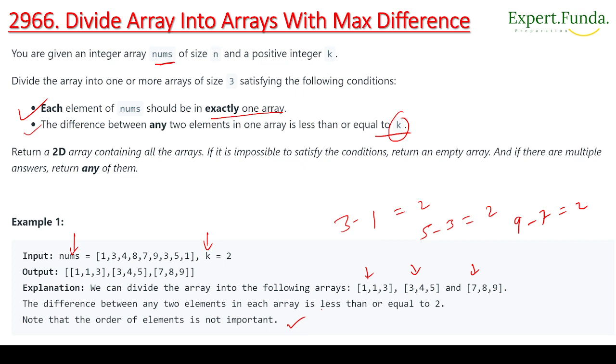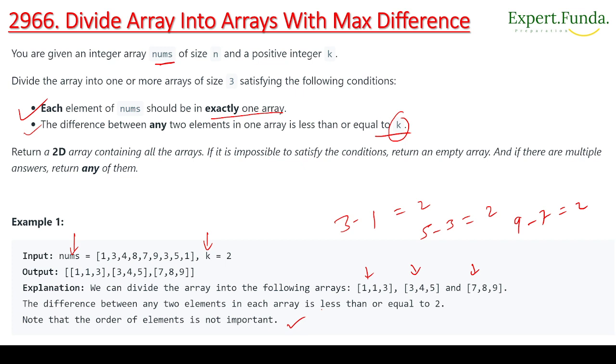Real-life applications for this problem include scenarios where data needs to be grouped or segmented based on specific criteria. For example, in data analysis or signal processing, this problem could represent the need to divide the data set, or signal, into segments such that the values within each segment are close to each other and satisfy a specific condition.